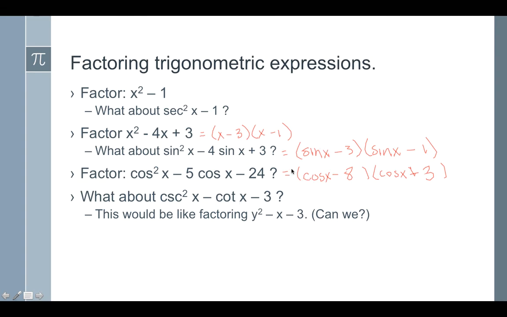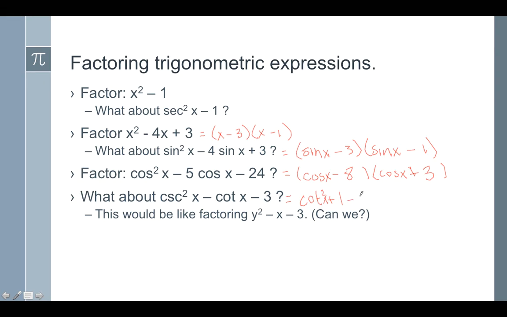And we know from our Pythagorean identities that cosecant squared is, what's that? Cotangent squared plus 1. So this whole cosecant squared x becomes cotangent squared x plus 1.